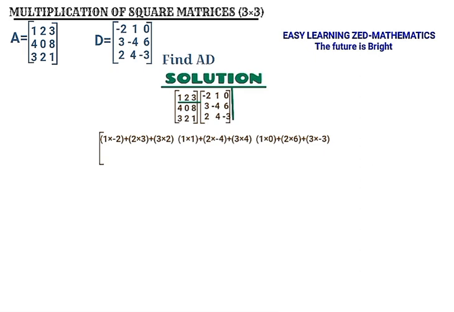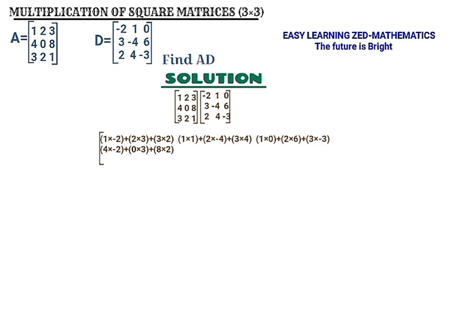Then I'm going to go into the second row in the first matrix, then multiply by all the columns, just like we did with the first row. So I'm going to multiply 4 by -2, then 0 by 3, then 8 by 2.